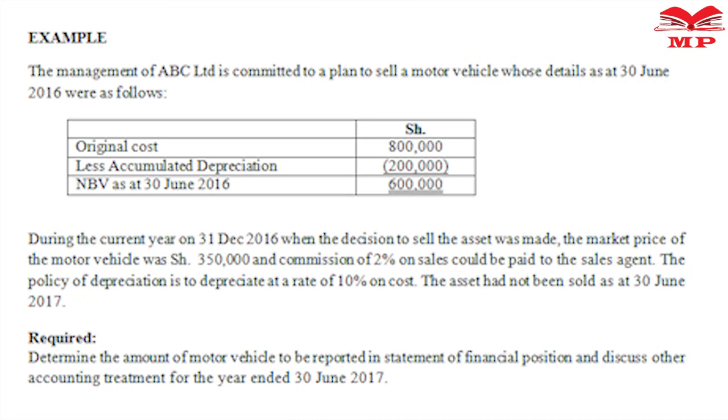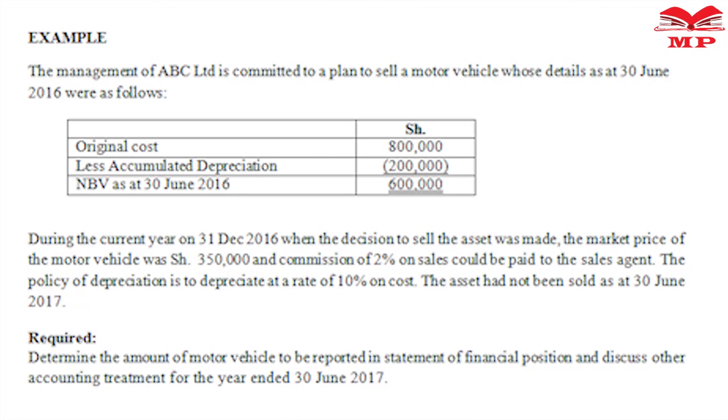Then during the year, on 31st December 2016, when the decision to sell the asset was made, which is just after 6 months, the market price of the motor vehicle was 350,000.